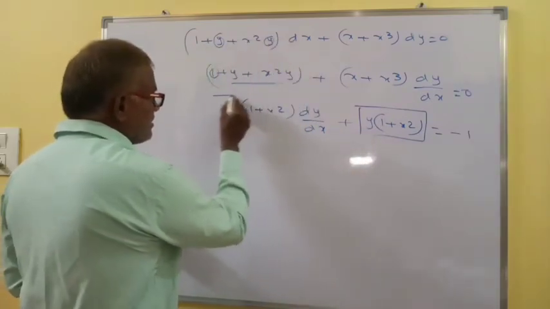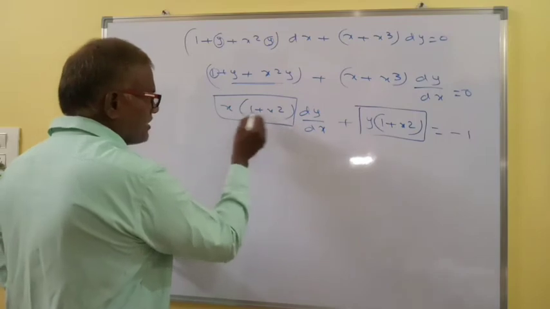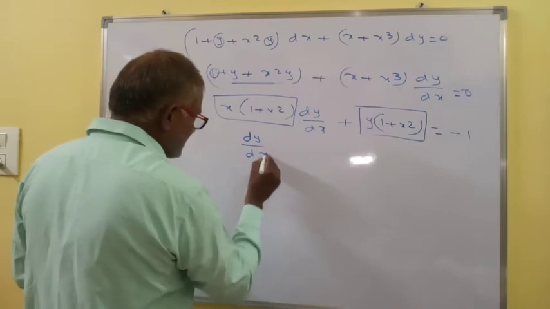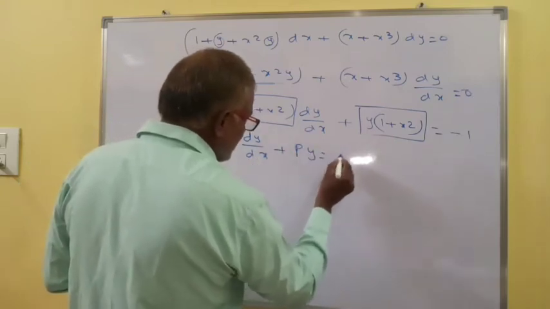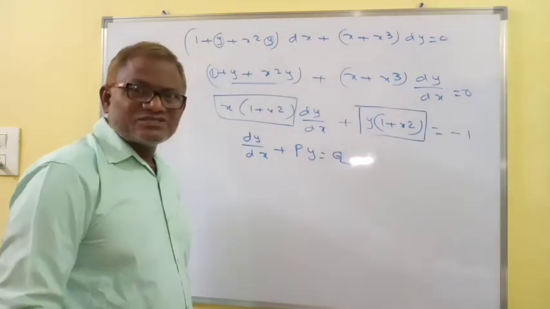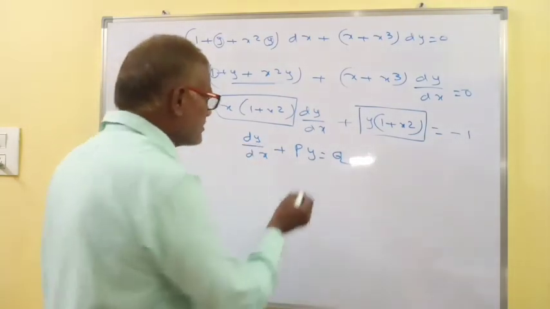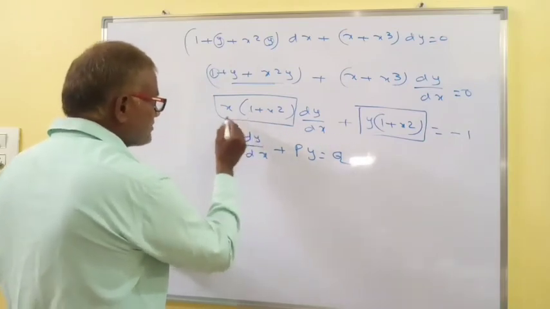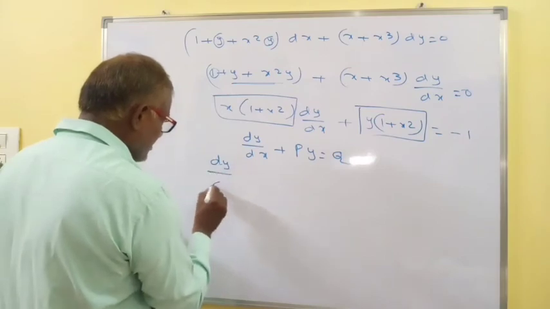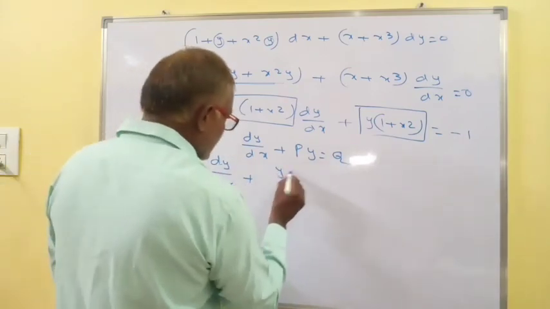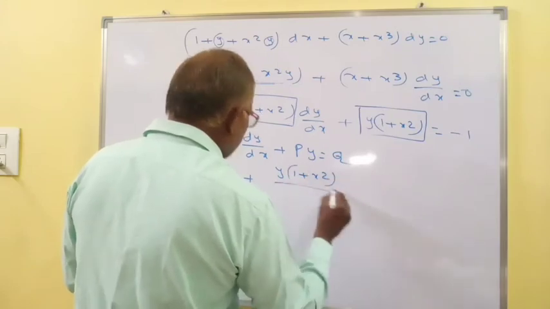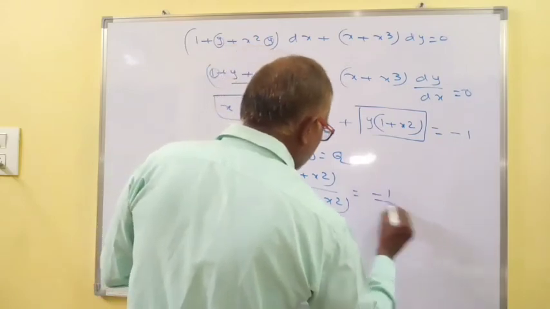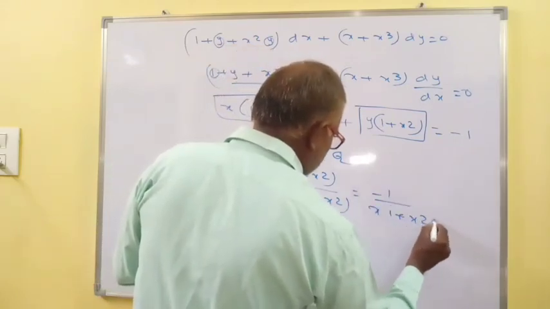Now clearly, what you have to do is simply divide throughout with this one, because we must express the given DE in the form dy by dx plus py is equal to q. That's why the coefficient must be unity. So dividing throughout with this one, what do we get? dy by dx plus y into 1 plus x square divided by x into 1 plus x square is equal to minus 1 by x into 1 plus x square.